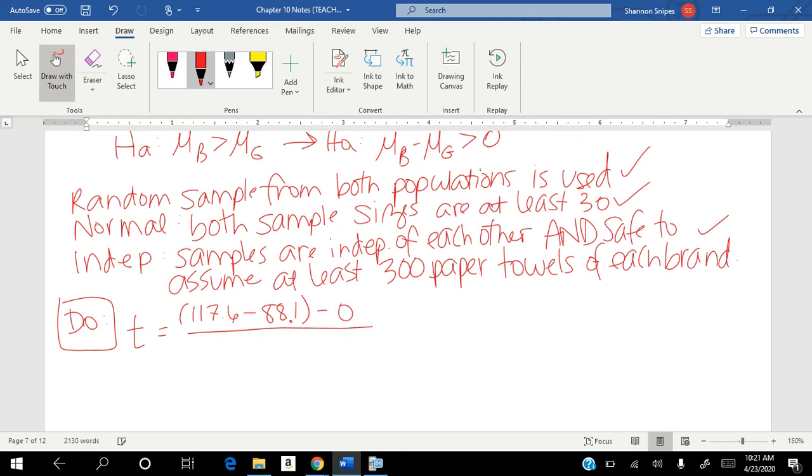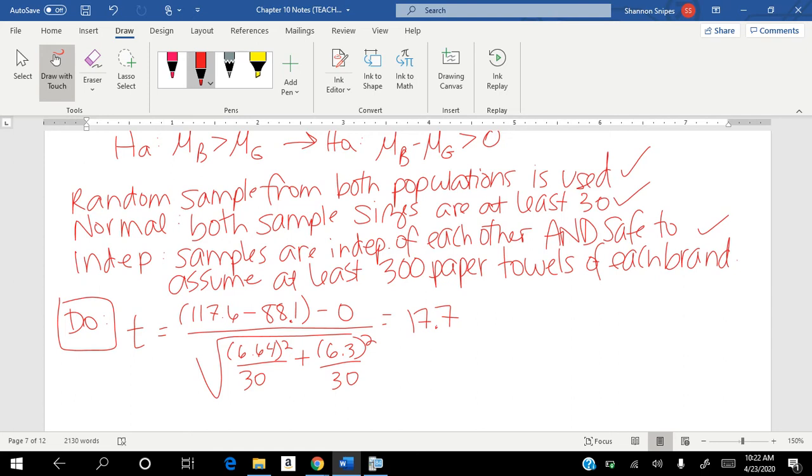Remember that comes from your null hypothesis. And then we're going to do the square root of 6.64 squared over 30 plus 6.3 squared over 30. If you want to press pause, type that in your calculator and see if you get a test statistic of about 17.7.